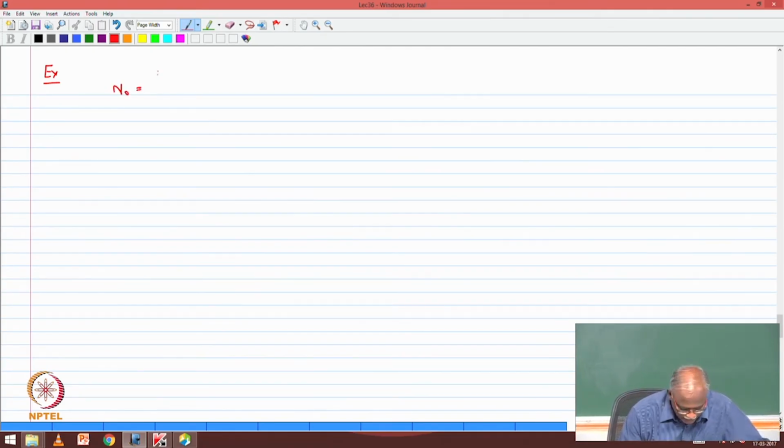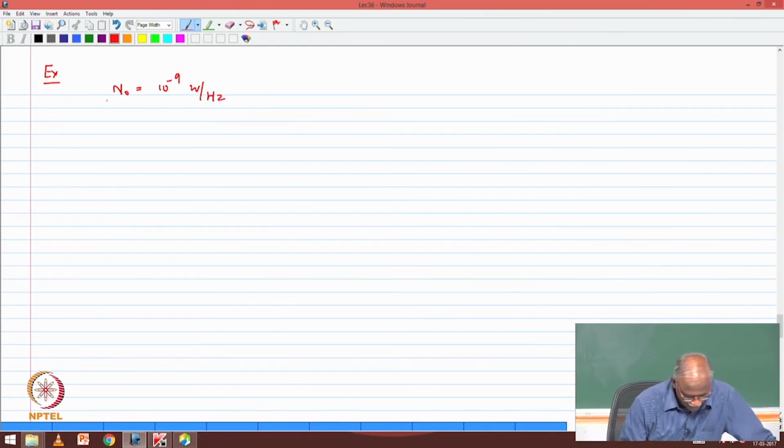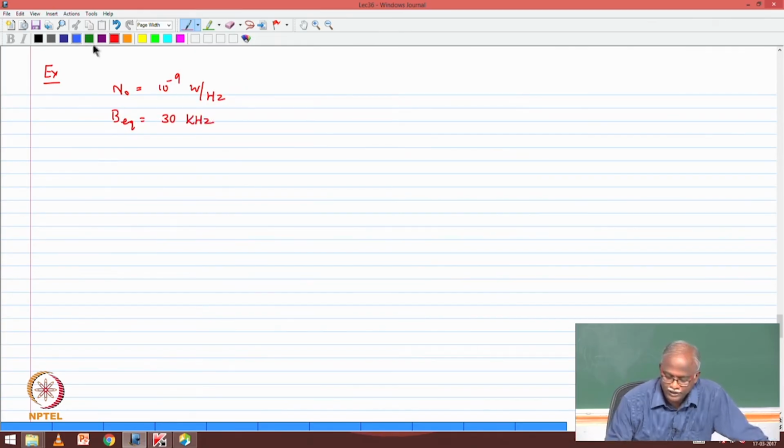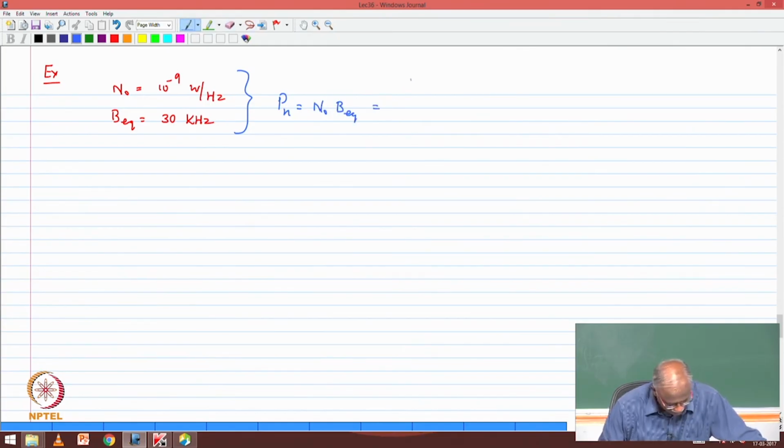The noise spectral density is 10 to the power minus 9 watts per hertz. The equivalent bandwidth of my system is 30 kilohertz. The combination of these two gives my noise power, N naught times B equivalent, which comes out to be minus 45.23 dBW.